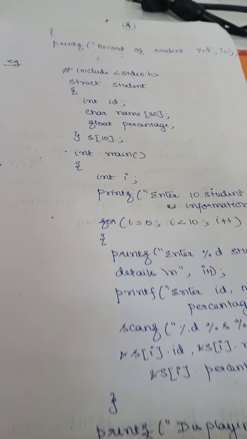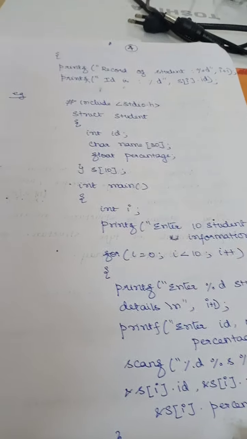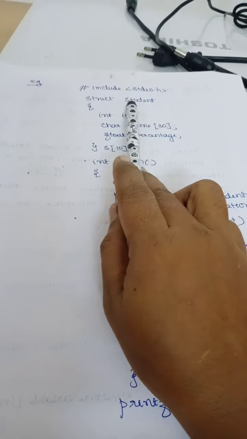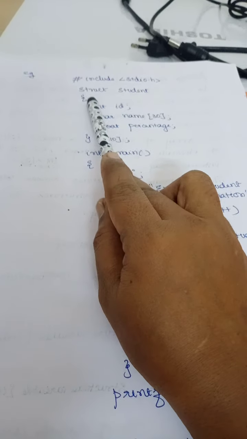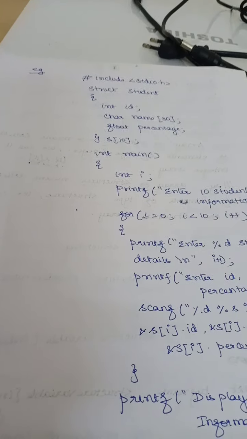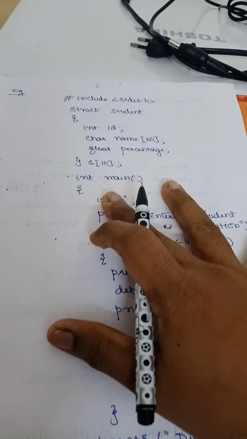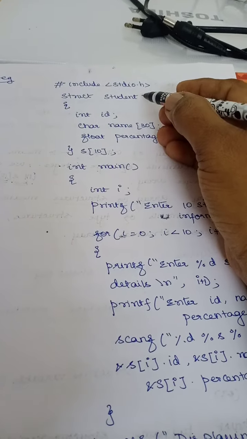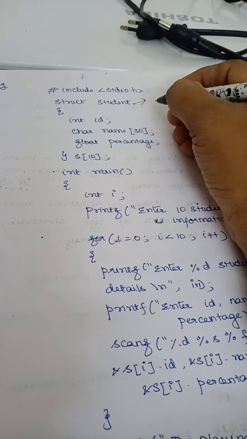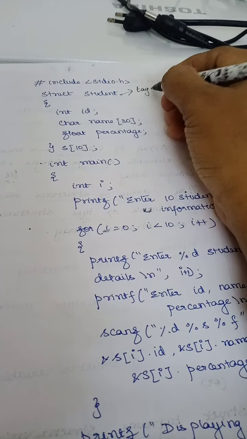Now we will see one example using array of structures. Right? Now #include <stdio.h>. I have declared a structure here, struct student. Again I am telling you, every time I am repeating this because you should not get confused between the tag name and the variable. So this you will call a tag name.